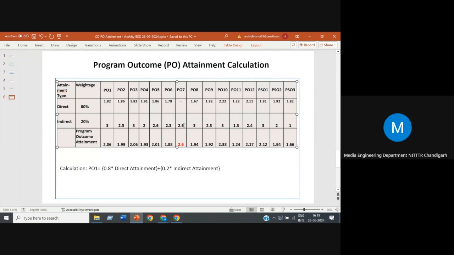Zero is something else, because in this table we are considering all the subjects and all the assessment tools, right? So we will have some value from some of the subjects or some of the tools, because this calculation is not at the subject level. This is at the program level. At the program level, we must have sufficient evidence of this PO attainment. Yes, sir. Got it. Right.